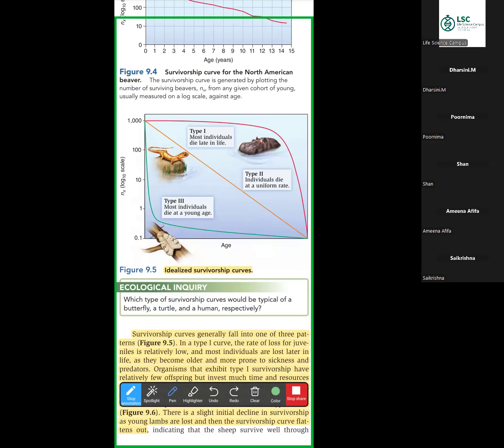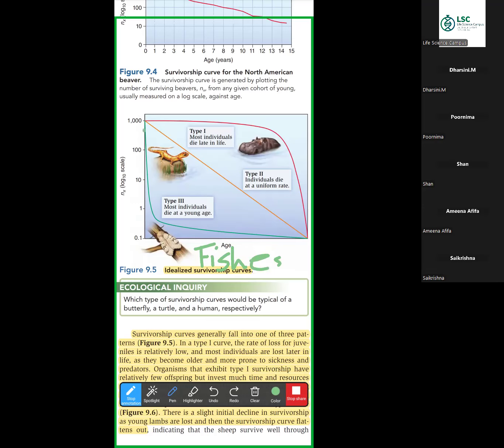And organisms exhibiting type 1 produce relatively small number of individuals. But in the case of type 3, they produce more number of individuals. Examples are fishes, insects, barnacles. Fishes, insects, and barnacles are examples for type 3 survivorship curve.